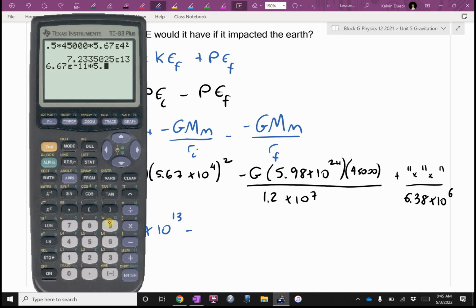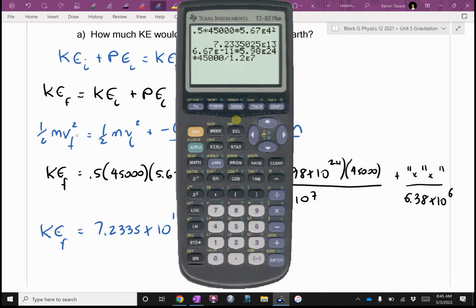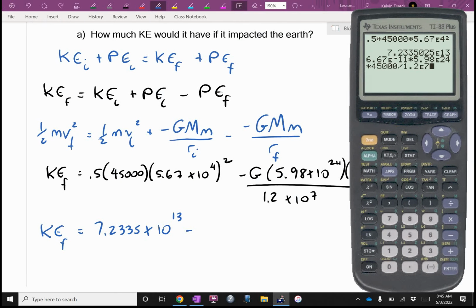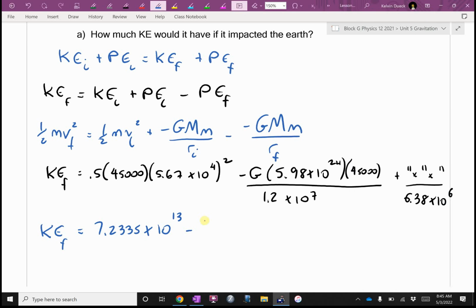Times 5.98 times 10 to the 24th times 45,000 divided by 1.2 times 10 to the 7th. Sorry, Aiden, I'm covering up what you're trying to get. Minus 1.4957.